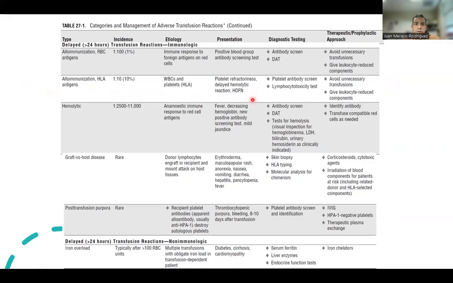That means that the patient does not get the appropriate response when you transfuse platelets, and delayed hemolytic reactions and hemolytic disease of the fetus and newborn can be some of the presentations. Diagnostic testing, platelet antibody screen, and lymphocytotoxicity test, if available. The therapeutic approaches include avoid unnecessary transfusions and give leukocyte-reduced components as well.